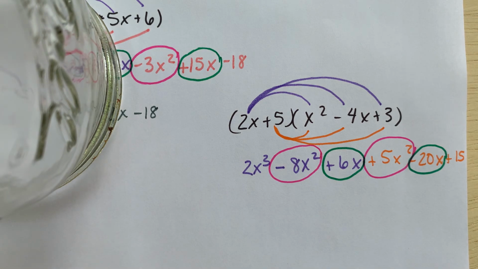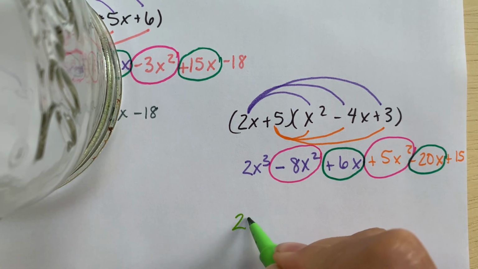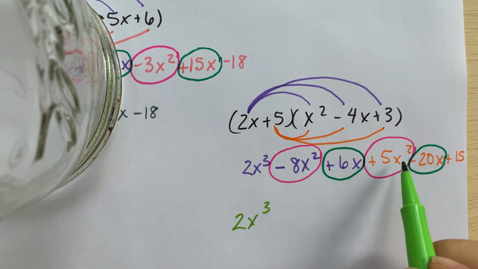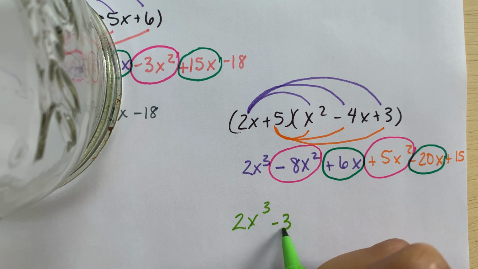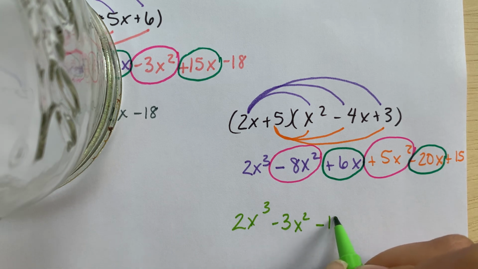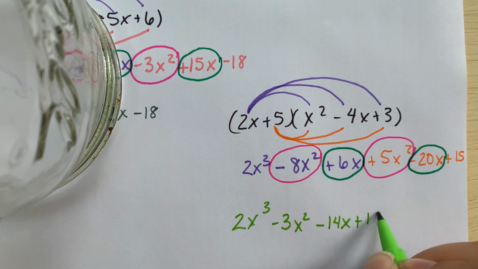So what that means is that I'm going to have 2x cubed, negative 8x squared plus 5x squared is a negative 3x squared. 6 minus 20 is a negative 14x plus 15.